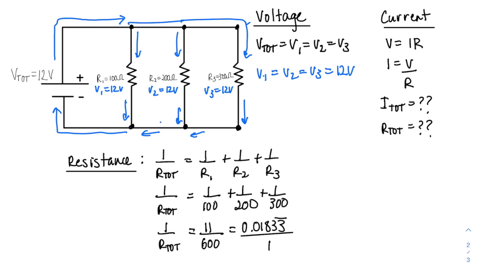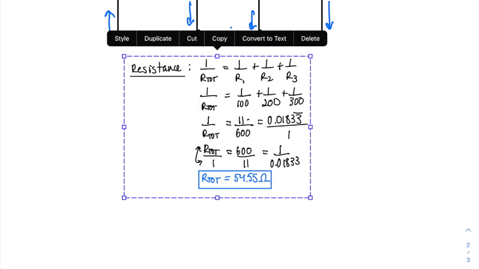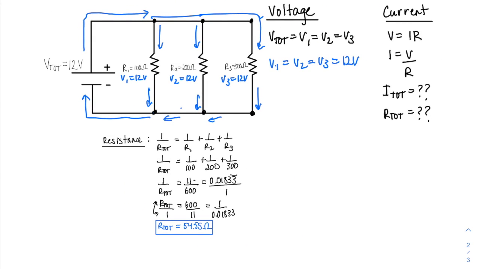You can write that as a fraction by writing it over 1, but this form is much more accurate. To find our total, we have to flip our numerator and denominator, in whichever form. So now we know that our R total is 54.55, and we are prepared to look at total current.